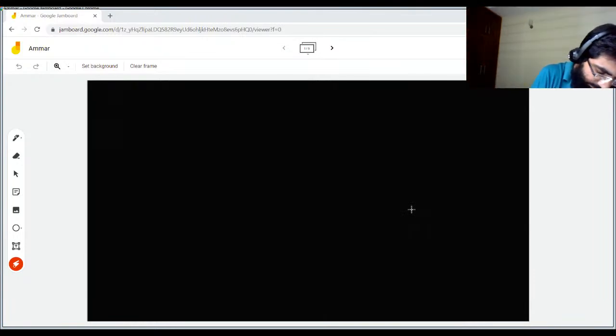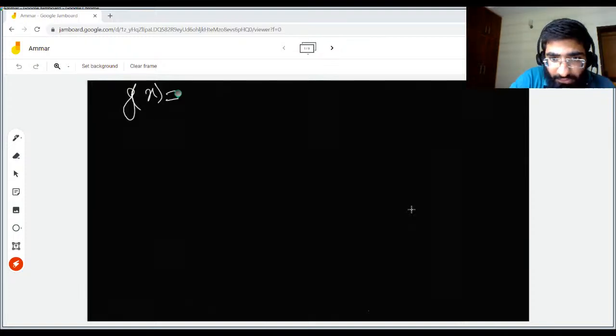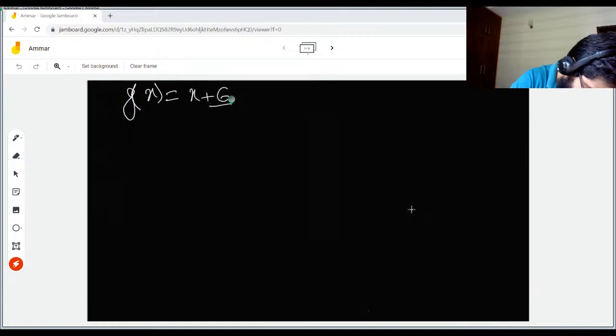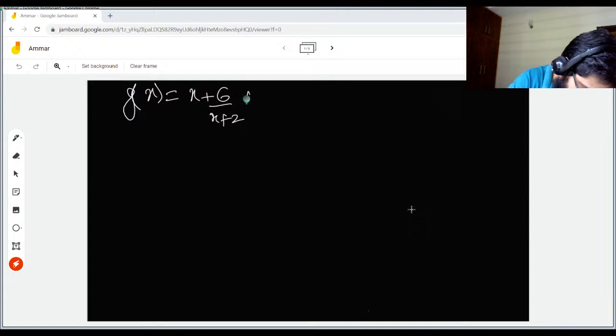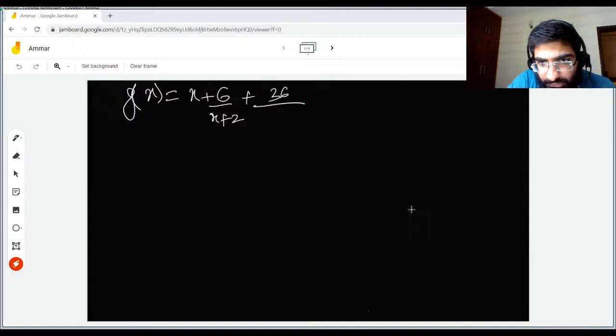The question says g of x is equal to x plus 6 over x plus 2, plus 36 by x squared minus 2x minus 8, right? x squared minus 2x minus 8.